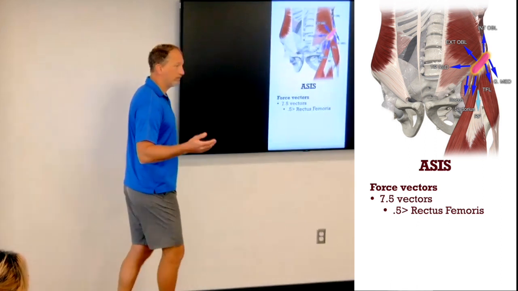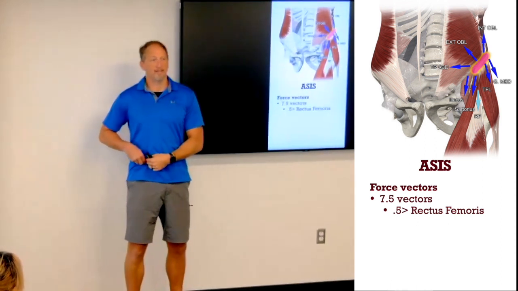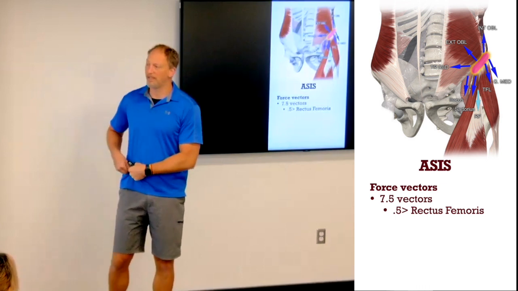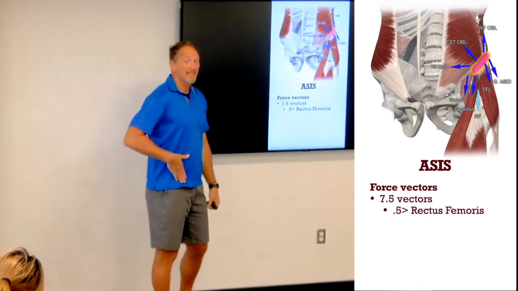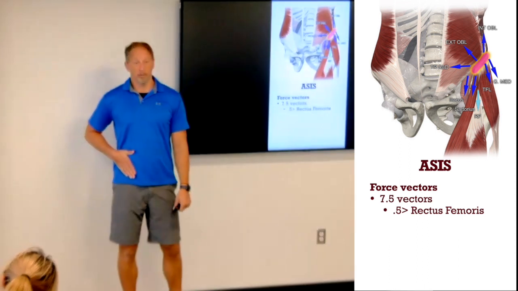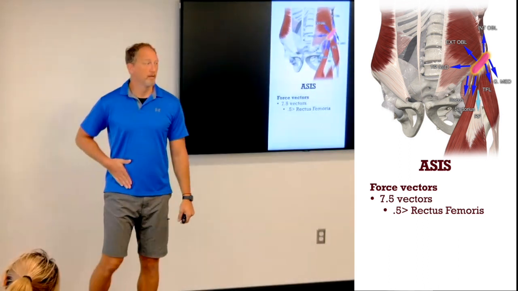How do we do that? Well, first and foremost, the tissue over the ASIS needs to move. You have to be able to slide and glide that tissue smoothly and efficiently in all different directions. If the tissue is locked down and it doesn't move, you're going to have problems.